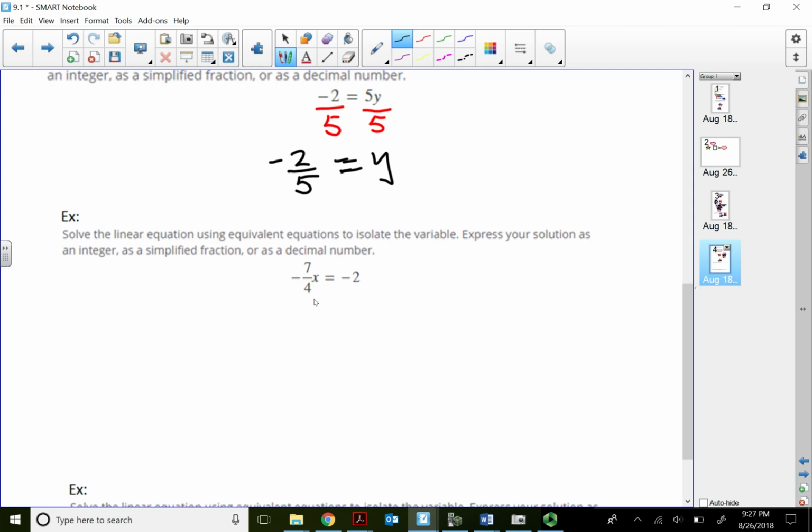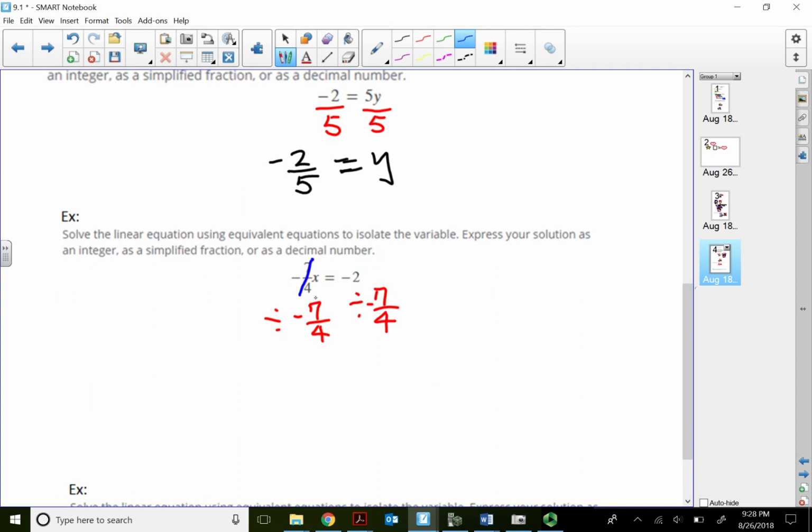So the idea is if I only have two terms, a variable term on one side and another constant term on the other side, then I am supposed to divide both sides by the coefficient. In this case, it will be -7/4. So we will say divide both sides by -7/4.